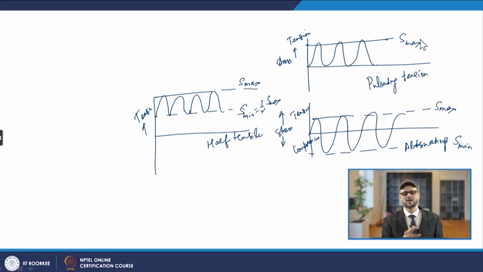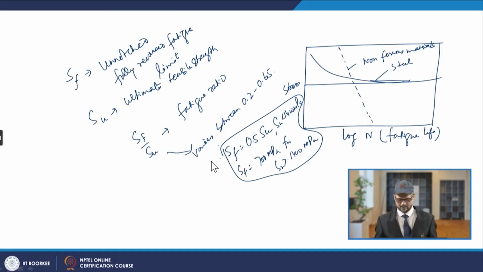Here is S max and 0. Here is S max and S min. Here S min will be the compressive stress. Here S min is also tensile stress only. For non-ferrous materials, it looks this way. SF is the unnotched fully fatigue.